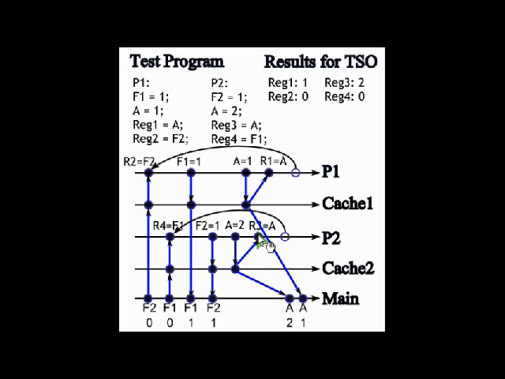So in this case, this read here, as shown, vertical line drops down and then go left, and there is nothing in the main memory timeline, so it picks up this write in its local cache timeline.